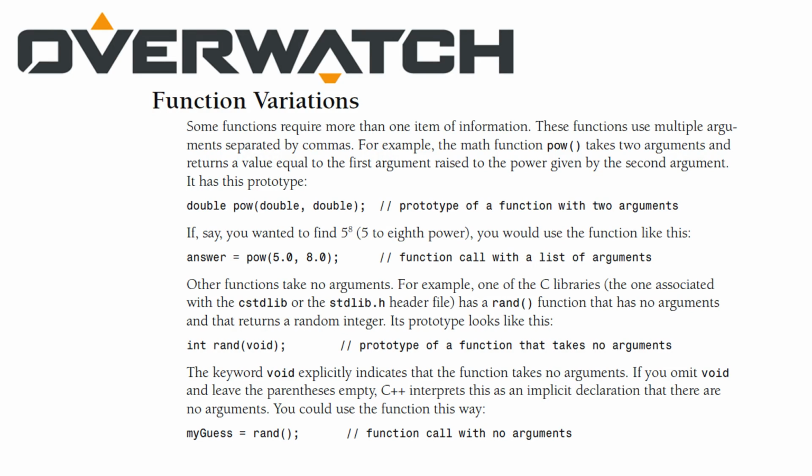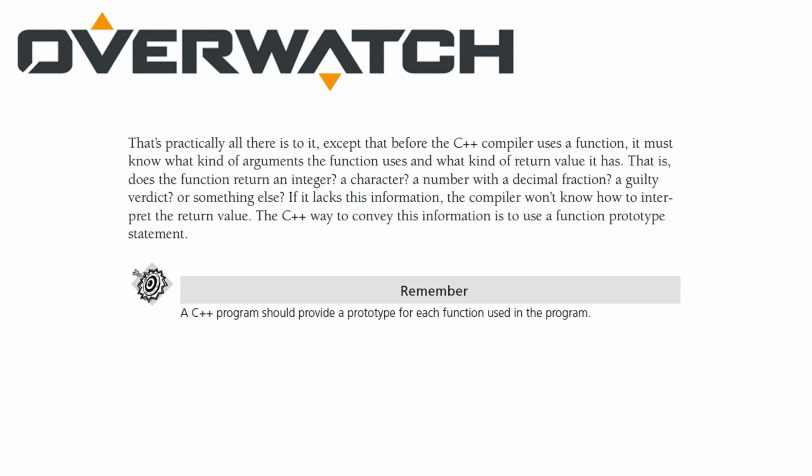In order for you to actually get used to writing functions, you can use functions all you want to, but I want you guys to actually write them. So in order to write functions properly, we're going to be making what are called function prototypes.